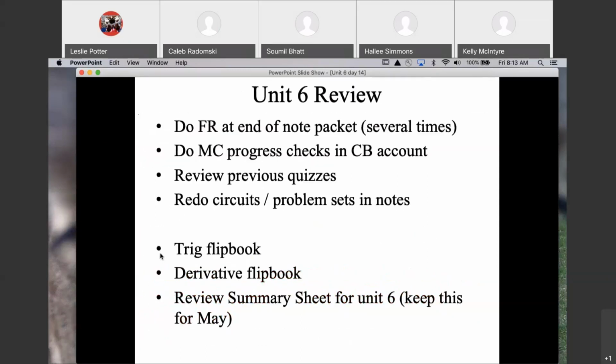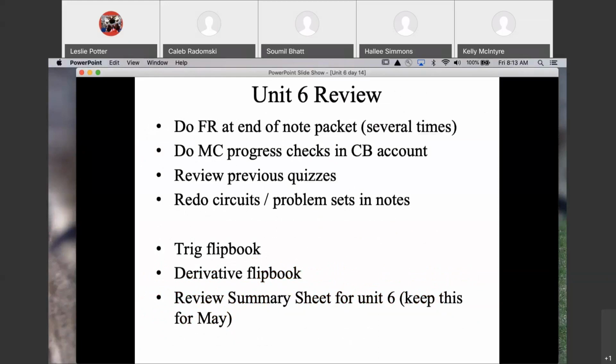So just preparation sort of things: do the free response packet, do them several times. We're training here, we're getting our fluidity, our efficiency.